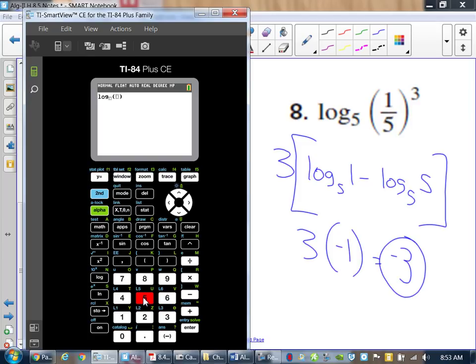So I put a 5, move it in, and then I do my fraction bar, 1/5, and then I have to raise that to the 3rd. I thought that was 0. It's 0 minus 1, so minus 1.